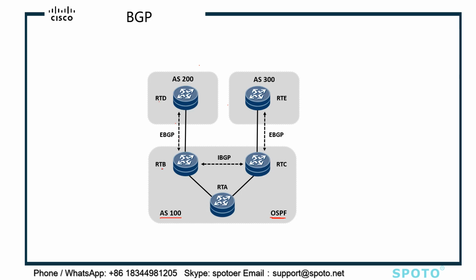And if RTB and RTC are in the same AS, they will establish the IBGP neighbor. And a very important point in BGP is that the neighbor relationship is based on a TCP connection. So a BGP neighbor relationship can be established across multiple devices.